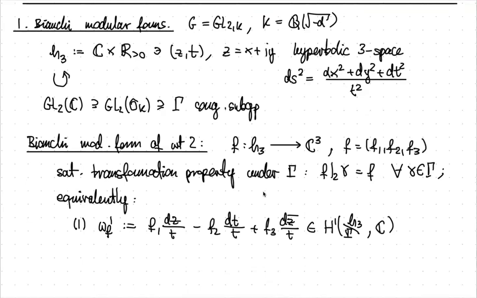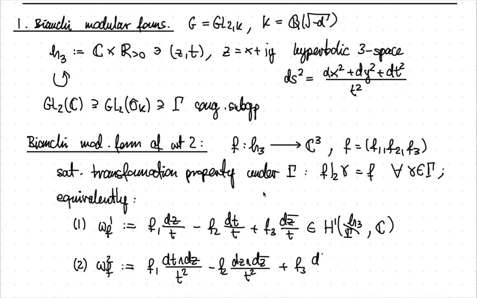Equivalently, you could look at another class, which I'm going to label by 2 because it will be a 2-form. I'm going to similarly do F1, F2, and F3 and put some decorations on them. So I'll do this one divided by t squared, and then plus the third one, dt wedge dz bar over t squared.